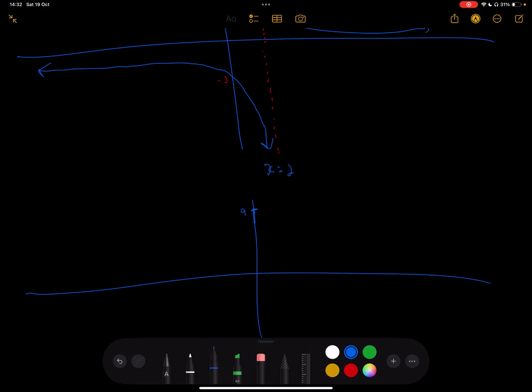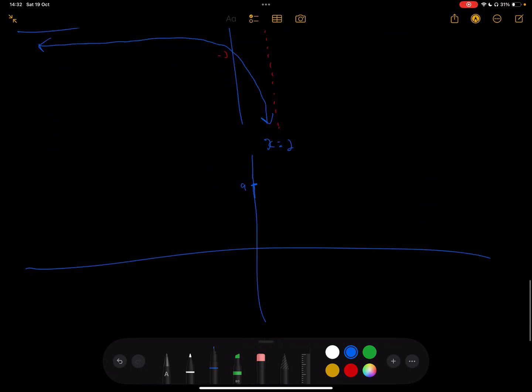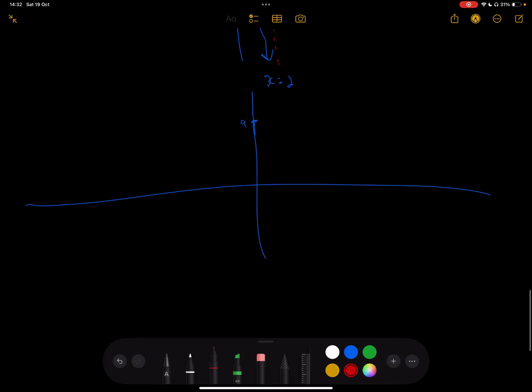But what do we know about the asymptotes? Well, we know that vertical asymptotes stay the same, so we can draw that on here. We'll draw it a bit closer. x is equal to 2. Also, because y is equal to f of x squared is going to have greater y values for the same x values, each curve is going to be steeper.